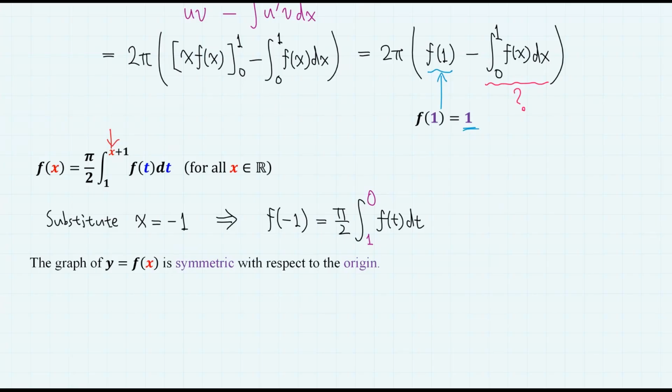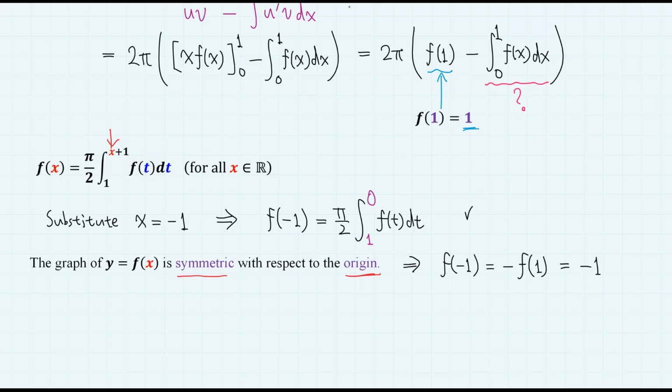Since the graph of y equals f of x is symmetric with respect to the origin, we have f of -1 equals minus f of 1, and since f of 1 is given as 1, we have -1.